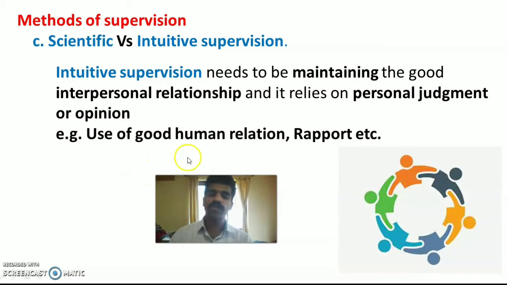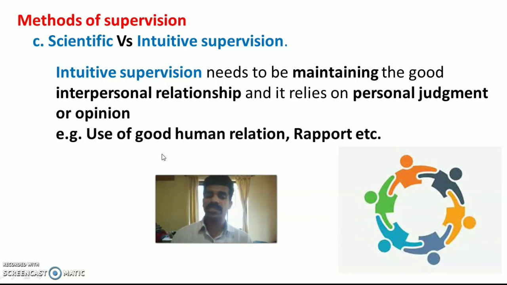An example is the use of good human relations among the workers or employees. Through this, the supervisor can evaluate the employees in work settings. So intuitive supervision relies on the personal judgment and opinion of the supervisor. Here there is no use of systematic or scientific methods or formats to supervise the employees.